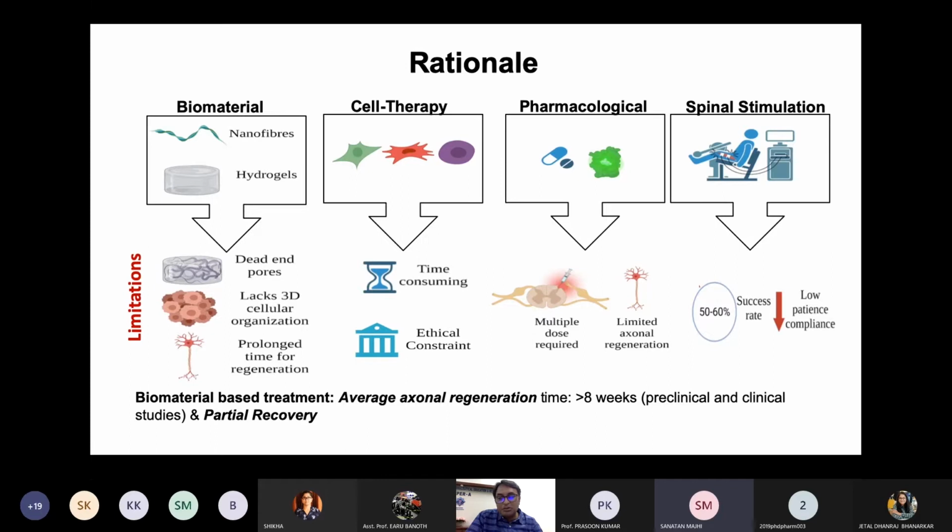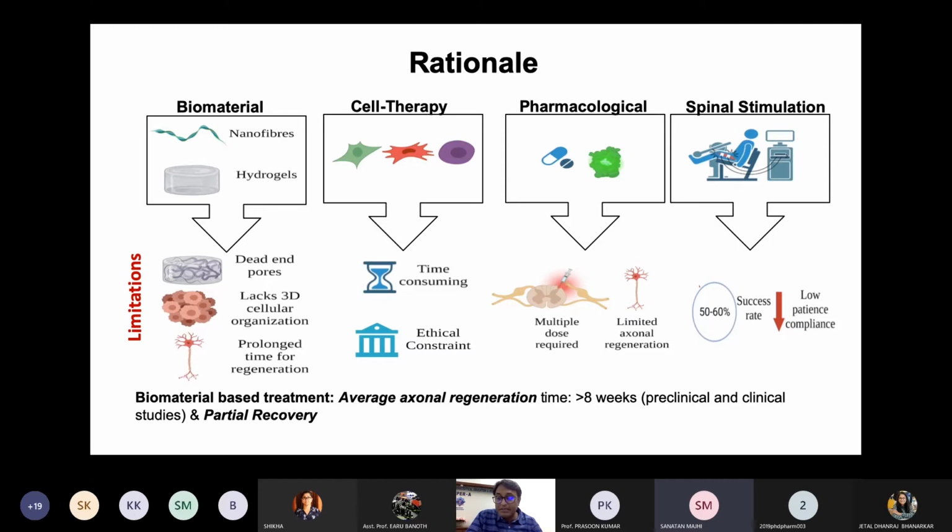And a plethora of biomaterials have been fabricated and tested for promoting axonal regeneration and controlling or decreasing neuroinflammation. You will see so many papers talking about that. These therapies, which include biomaterials, try to fill the cavity at the injured site, try to deliver the drug, try to deliver the stem cells. So these are the various approaches going on at the moment.